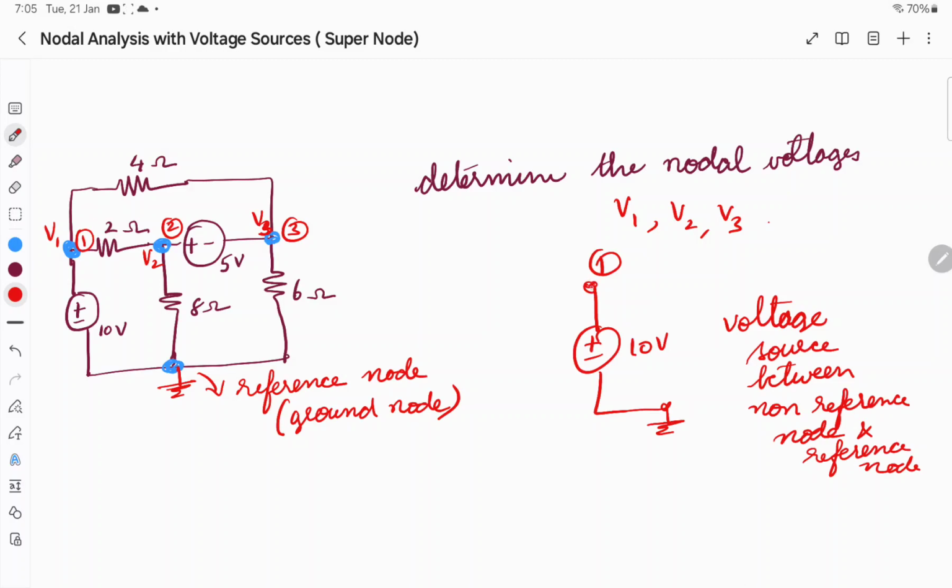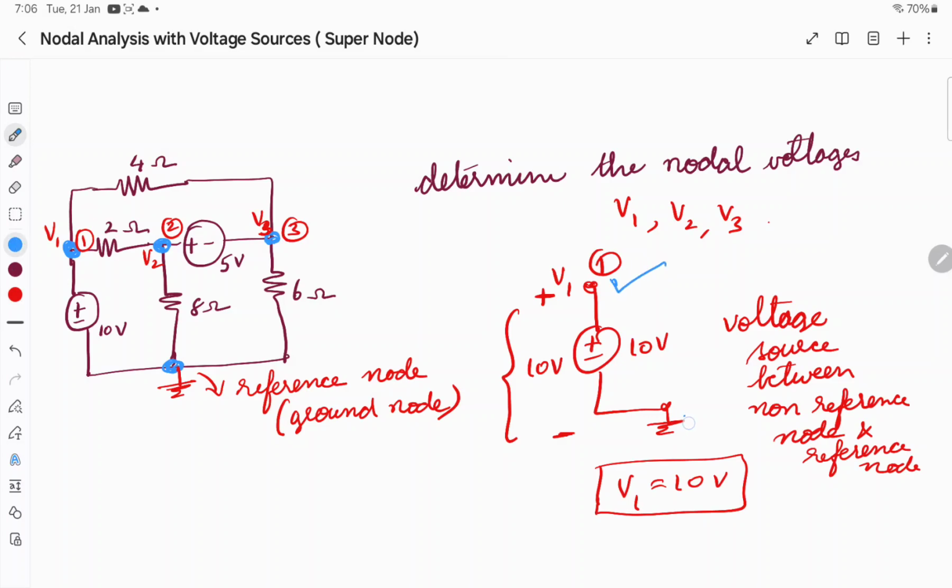We have assumed the voltage at node 1 as V1, so the voltage between the point here and the ground here is going to be 10 volt. When the voltage source exists between a non-reference node and the reference node, the voltage is straightforward. It is obviously 10 volt.